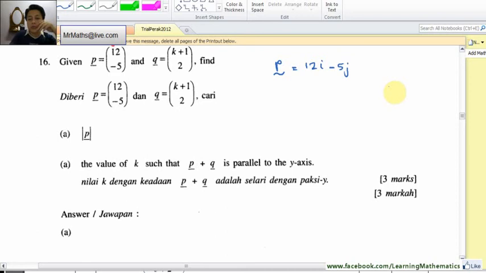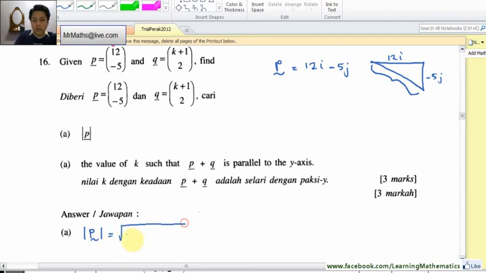So it looks roughly like this. And this is 12i and then minus 5j here. Alright, so if we want to find the modulus of vector p, then it's going to be this length. So we are going to use the Pythagorean theorem. So the modulus of p is going to be the square root of 12 squared plus minus 5 squared.